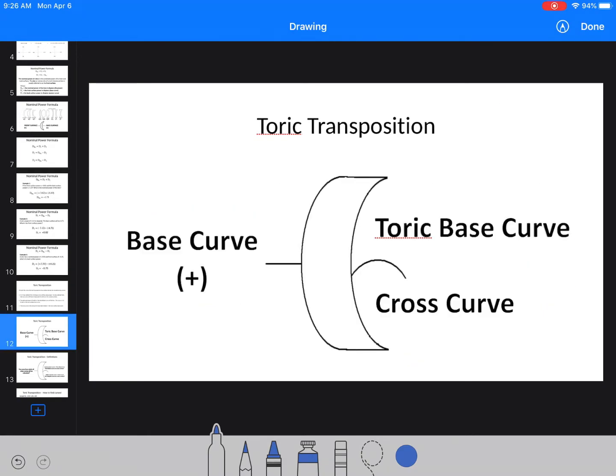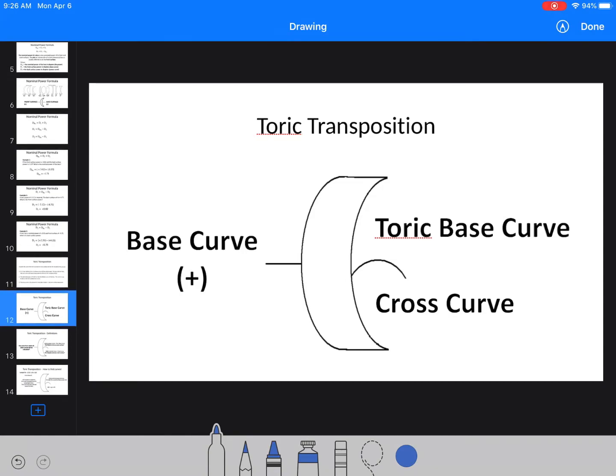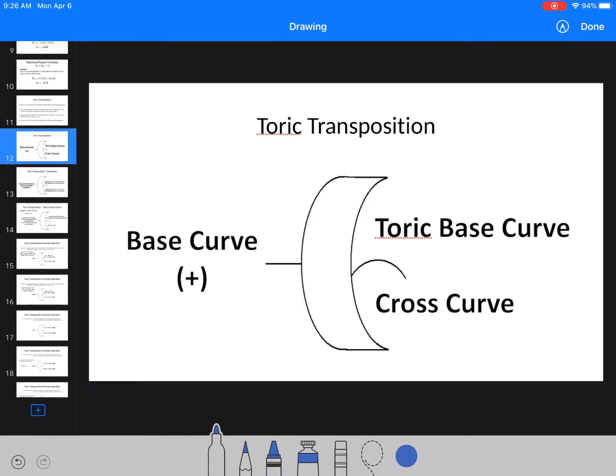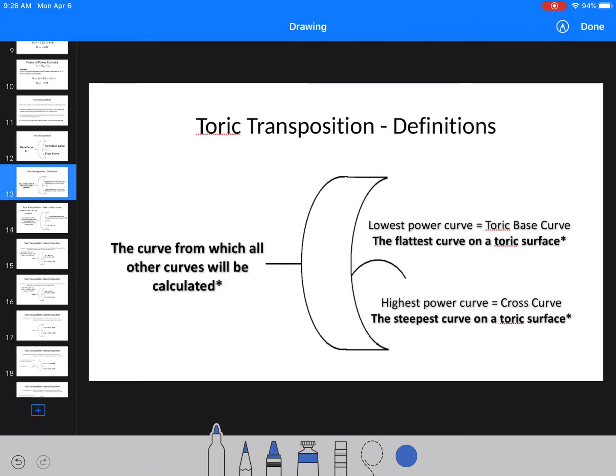So let's look at a typical toric transposition diagram. So we'll have the base curve on one side, the toric base curve and the cross curve on the other side. And this is if the base curve is plus, make sure the RX is in minus cylinder. That's very important. That's the main thing that will trip most of us up.